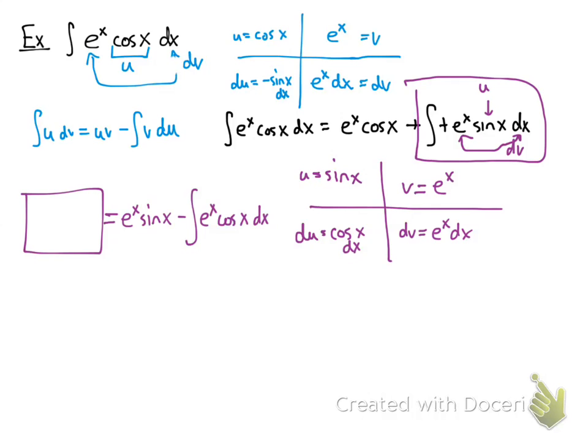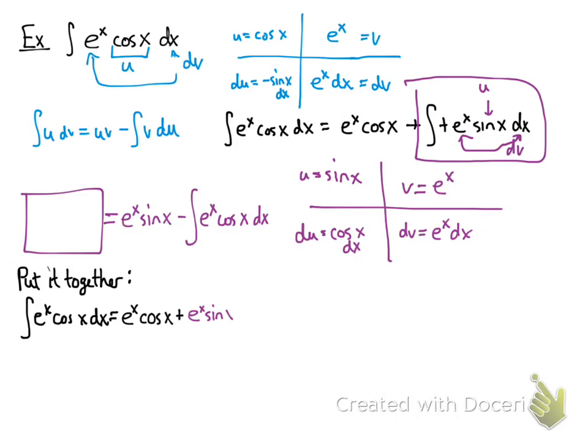So that's what the box there equals, which means I can fill in the box with this stuff I just got. So I put it together. The original integral I wanted was, from the first integration by parts, e to the x cosine x plus this purple stuff, e to the x sine x minus the integral of e to the x cosine x.